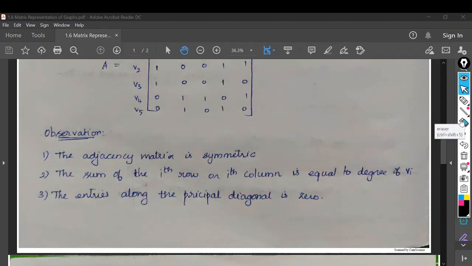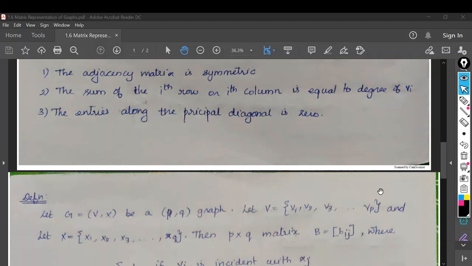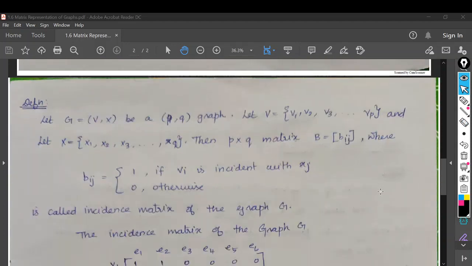Now let us move further to the incidence matrix. So incidence matrix is between the vertex Vi and the edge. Incidence is always discussed between vertices and edges.